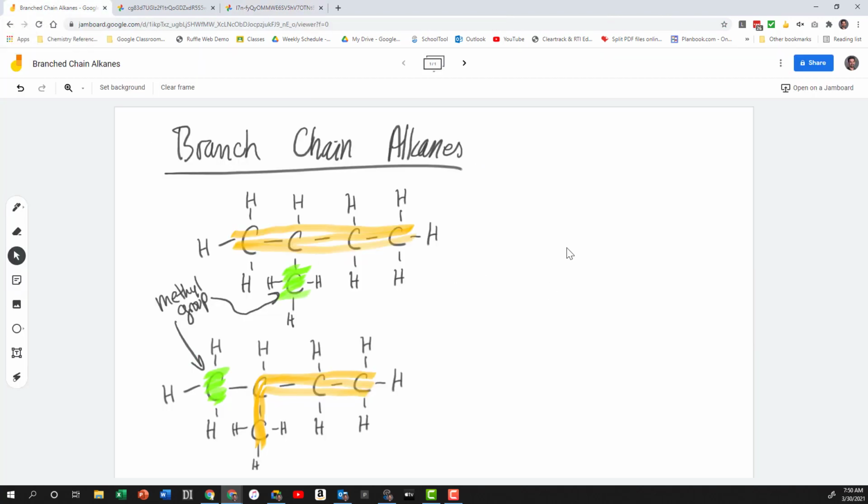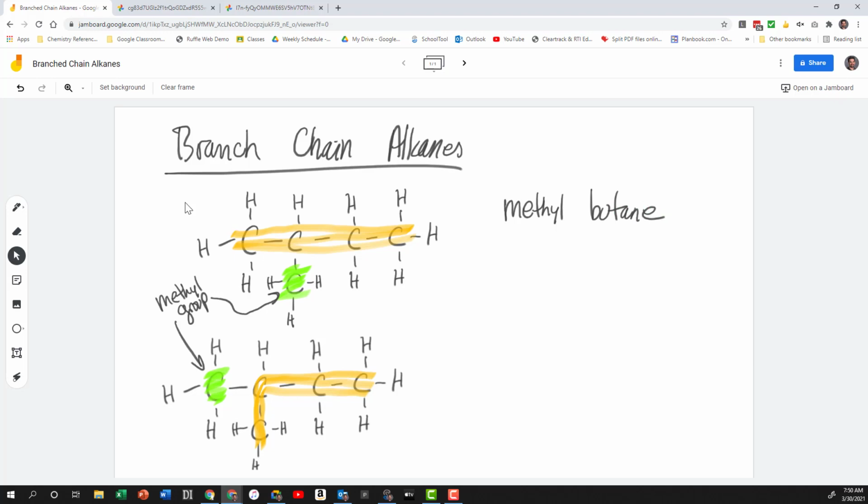So that's why that's a methyl group. So the way we would name this is methylbutane, because we have the main group and then that one.